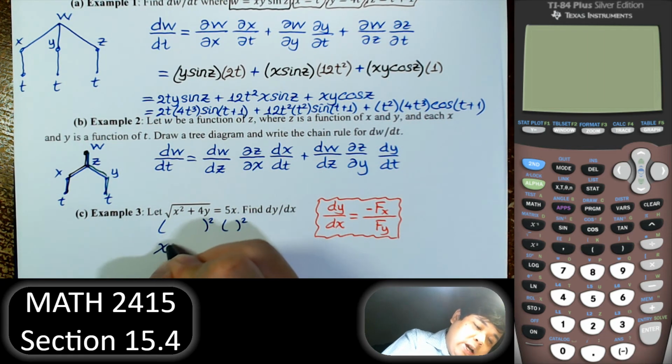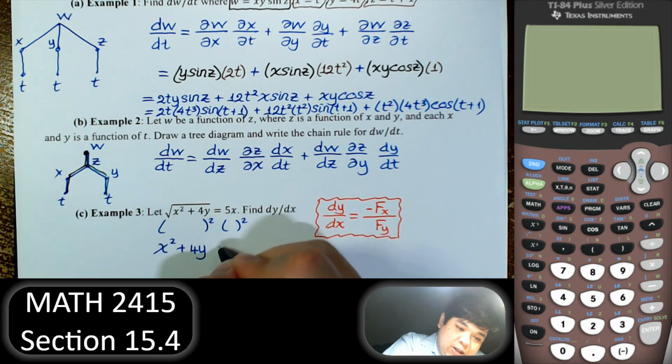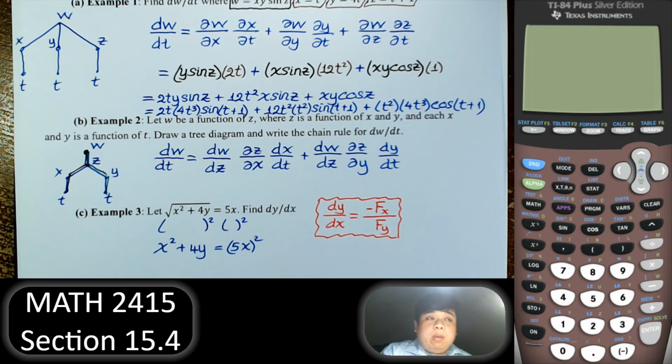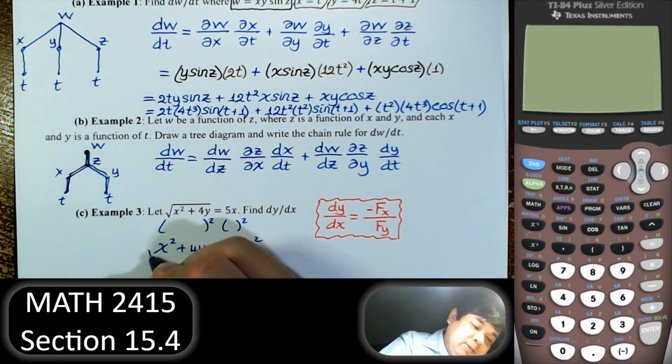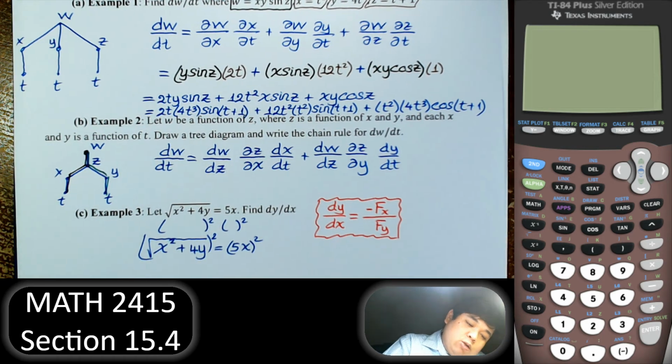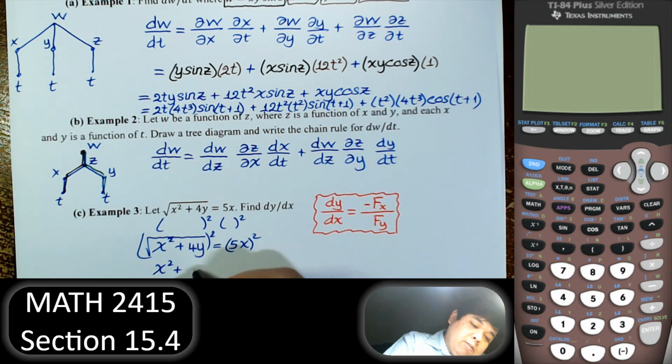So we have the square root of x squared plus 4y equal to 5x. So we square both sides. The square undoes the square root. Yeah, that cancels out. So we have x squared plus 4y equal to 25x squared.